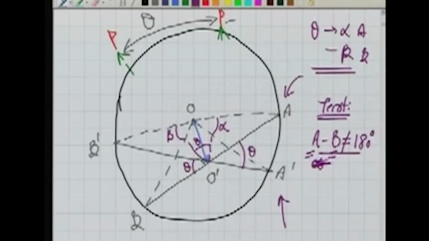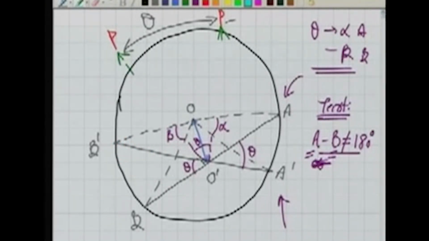Now you can see here, the difference in A and the difference in B. That's our A, this is our B. It's not half circle here. So this difference is not 180. Similarly, A dash and B dash, it is also not half circle. So this difference will not be 180.